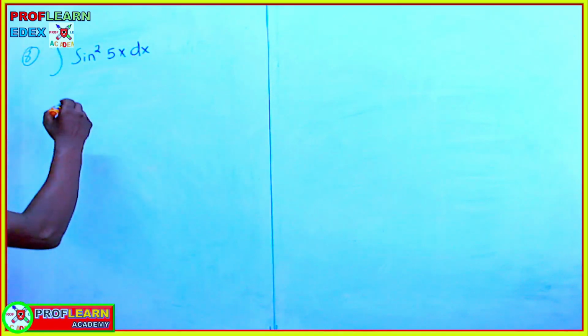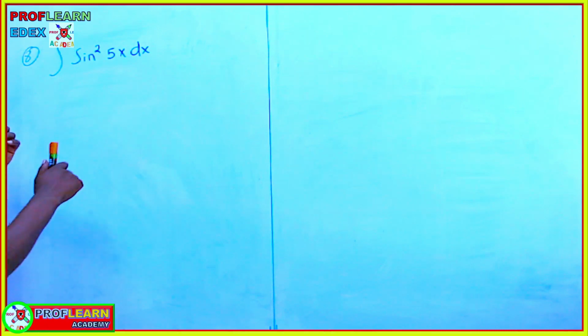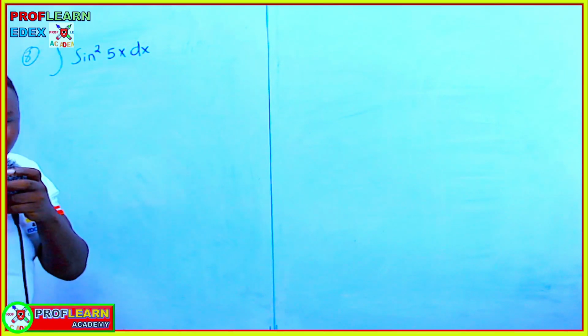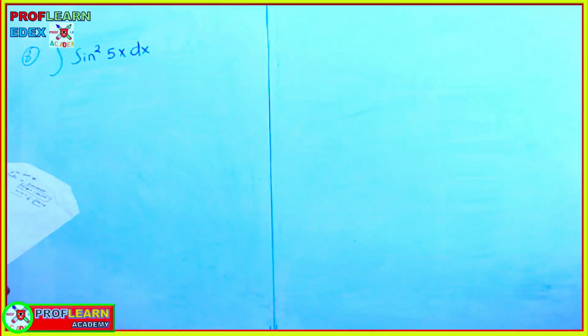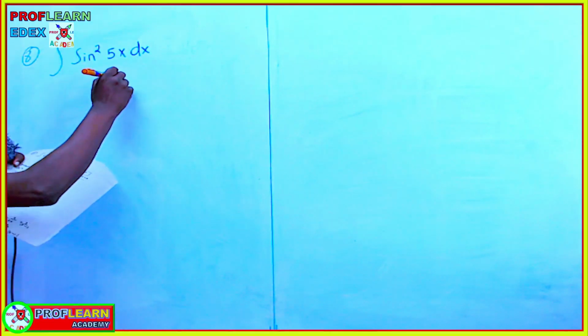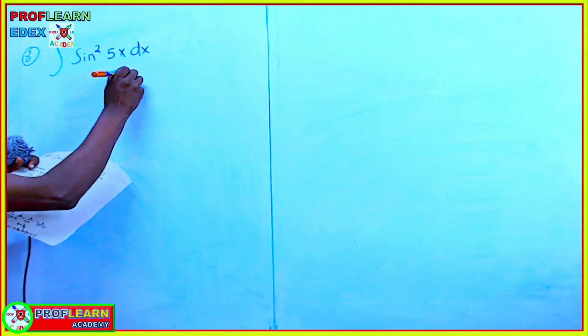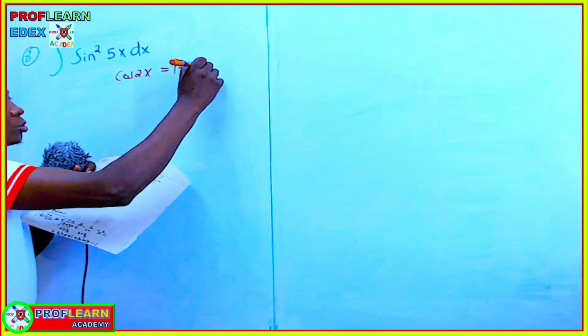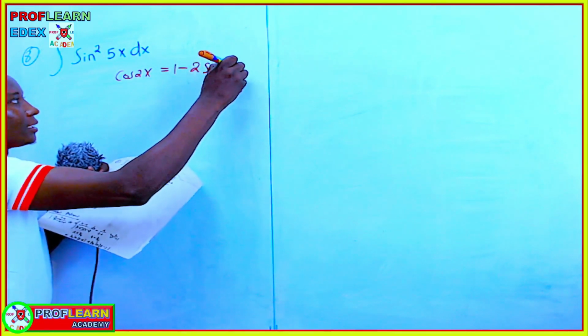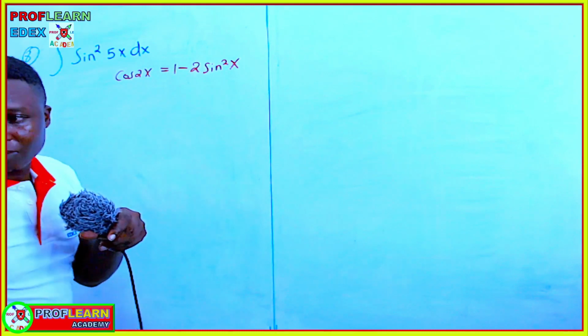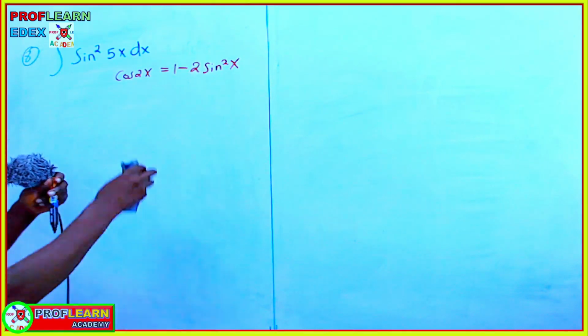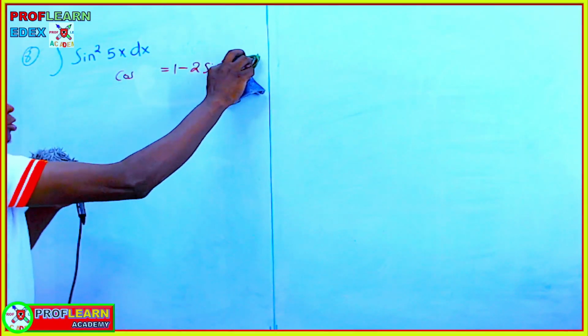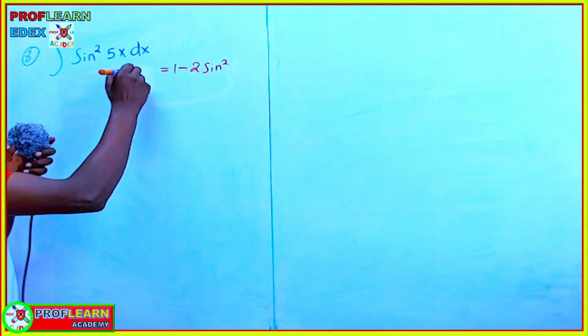We have done a question that is related to this, and of course, this one we need to use the double angle concept. You need to remember that cos 2x is equal to 1 minus 2 sine squared x. Or let me just use a so that you can see that in a big picture.